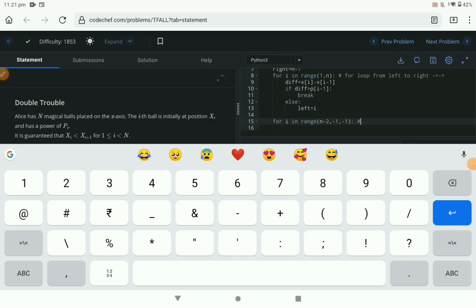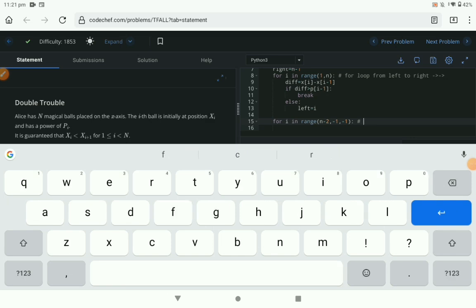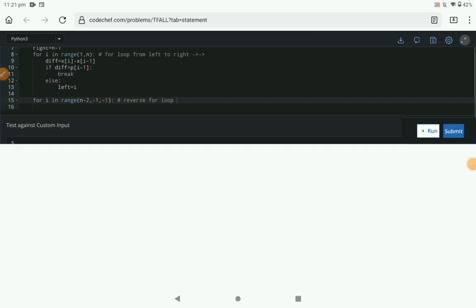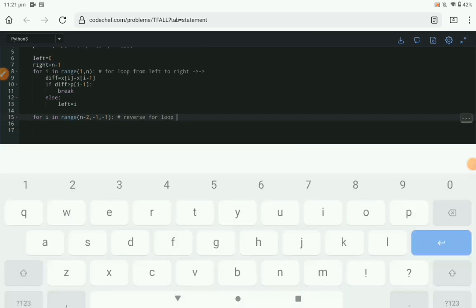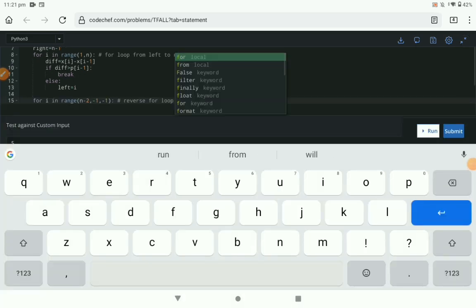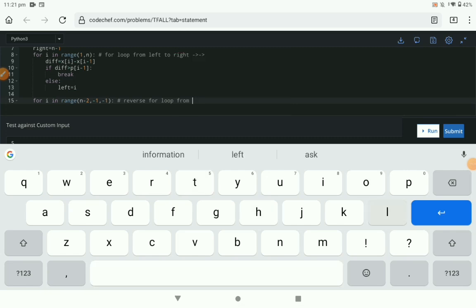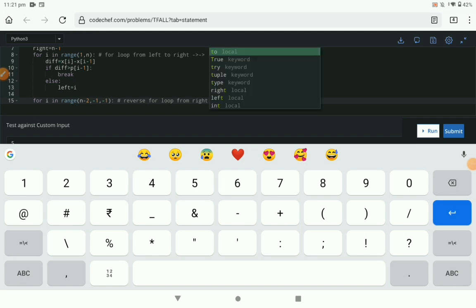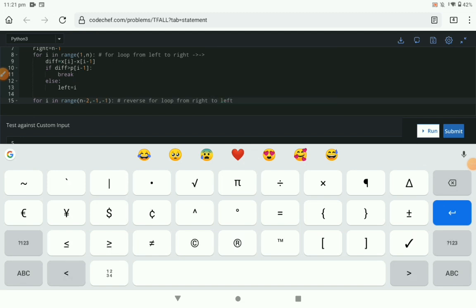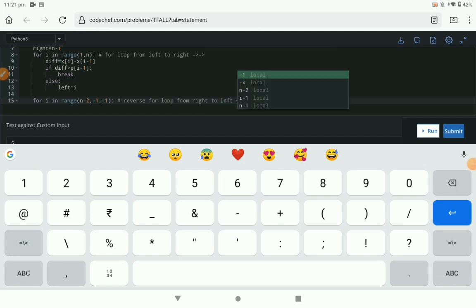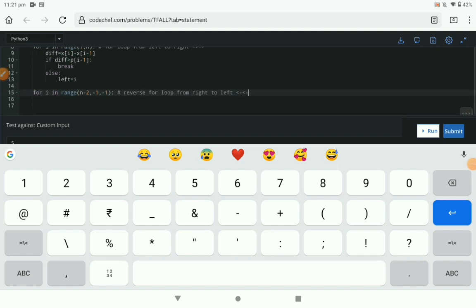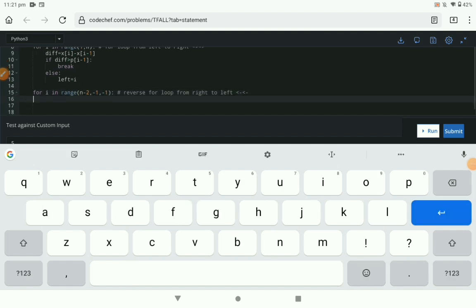So basically it is a reverse for loop from right to left. As you are able to see, it's a reverse for loop.